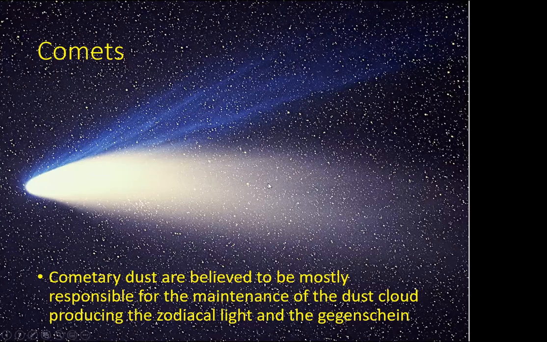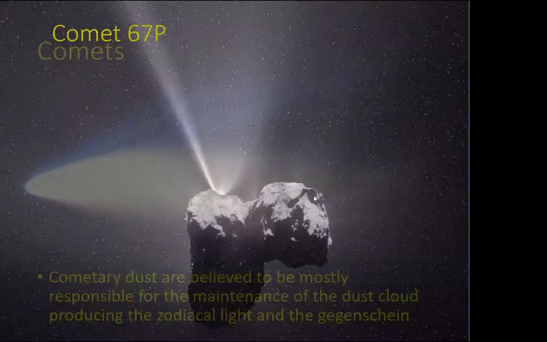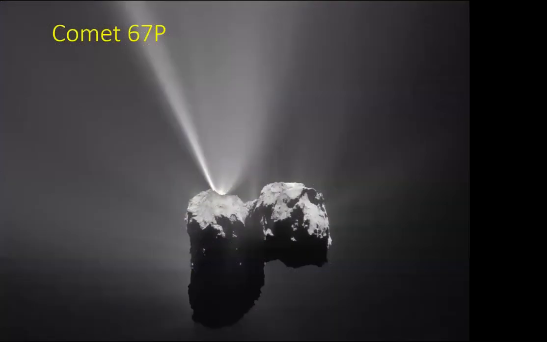And all of these dust particles will gradually go into solar orbit and contribute to both the zodiacal light and the gegenschein.